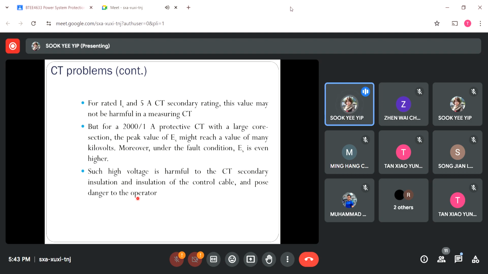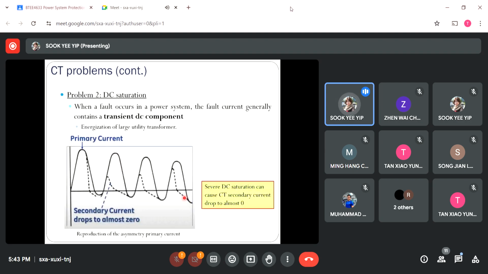So that is the problem we have to focus on in order to ensure the current transformer gives us the correct measurement and doesn't get damaged because you open circuit it, okay? And we have another problem as well coming from the current transformer, which is due to DC saturation.